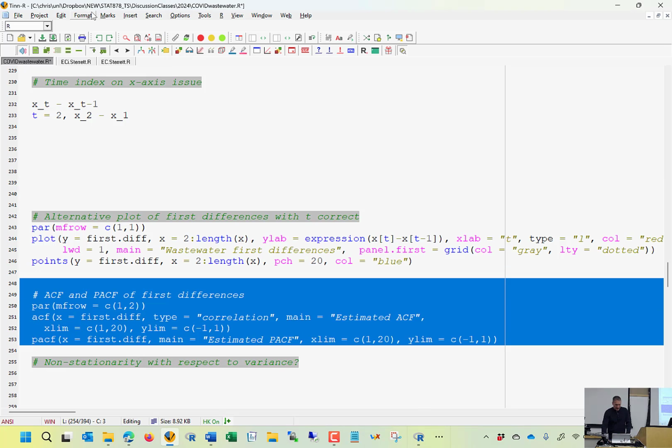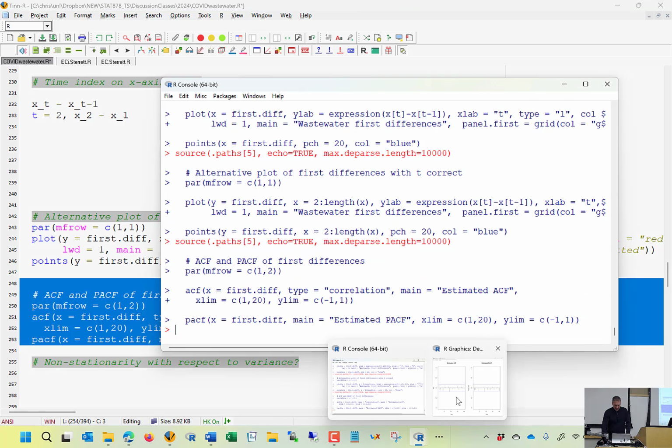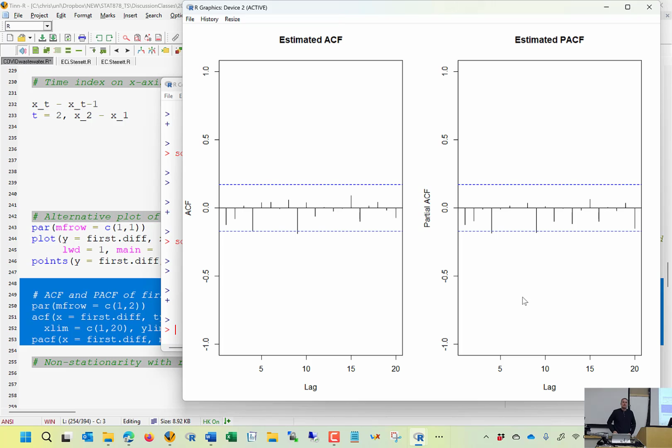If I look at the estimated ACF and PACF of the first differences, this is what I get. So what kind of model would be appropriate here? Yeah, probably 0, 0. Now we always have to be careful, relative to our sample size here.